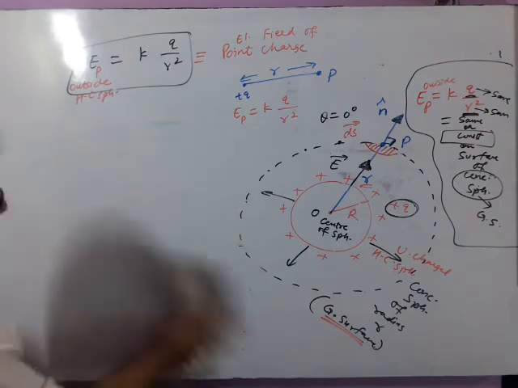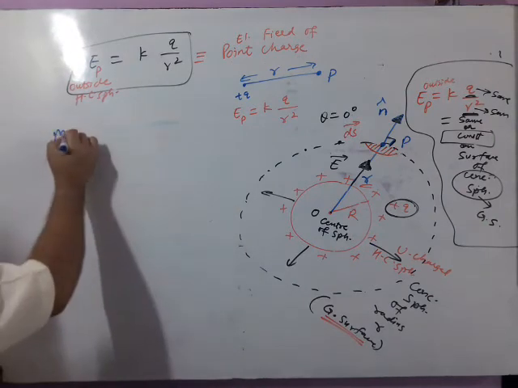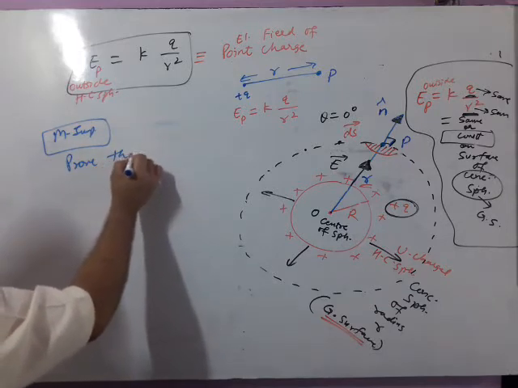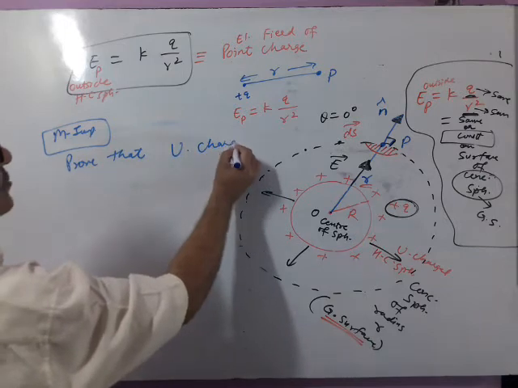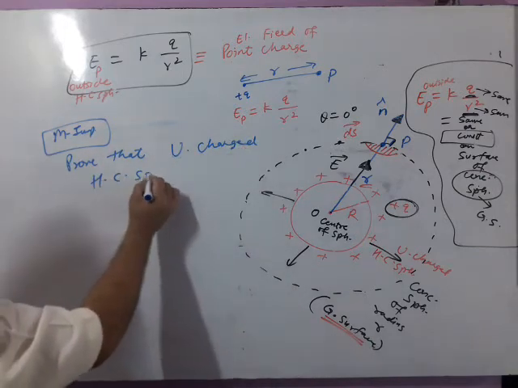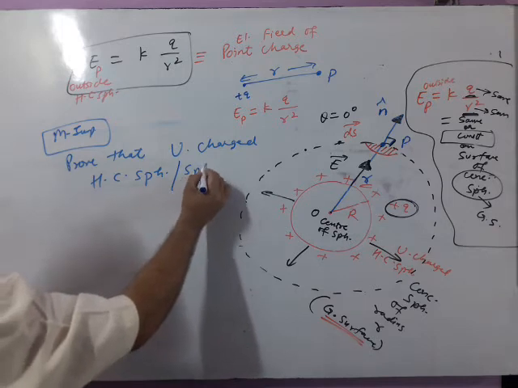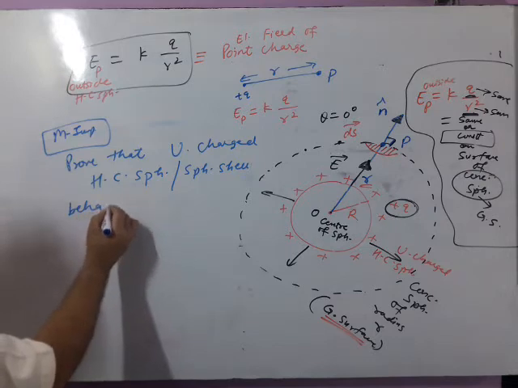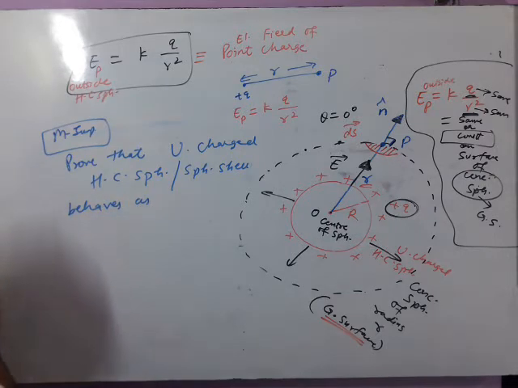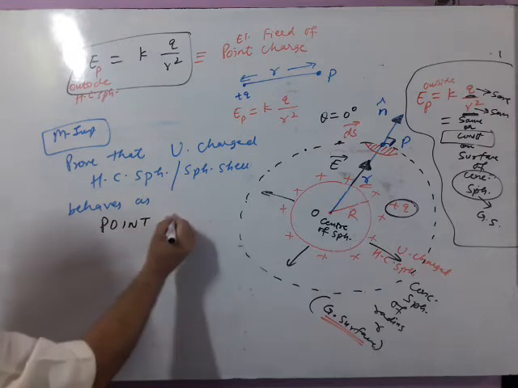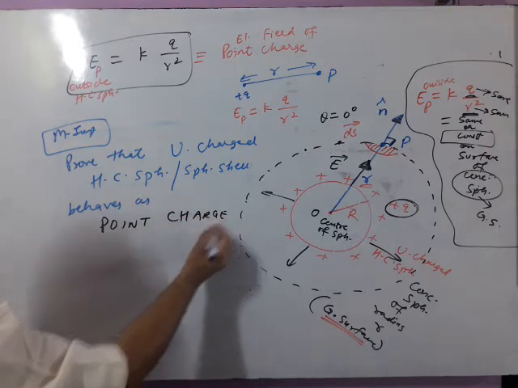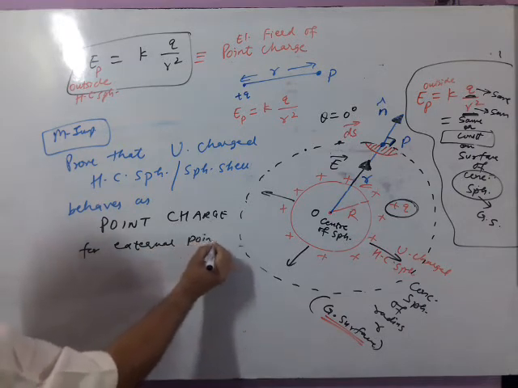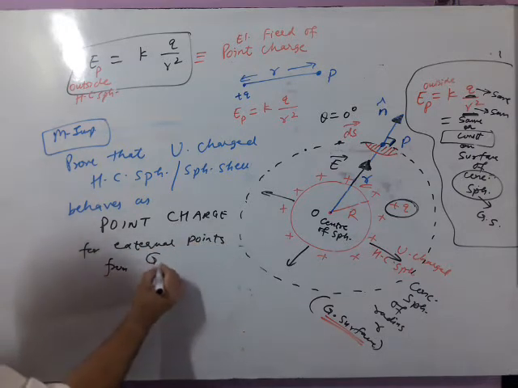So the main question comes into play, the most important question asked in your examination: prove that a uniformly charged hollow conducting sphere or spherical shell behaves as a point charge for external points, and you are proving it from Gauss theorem.